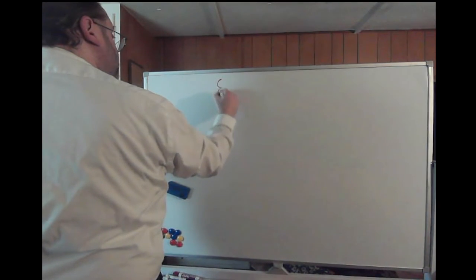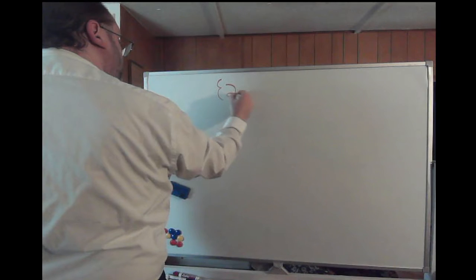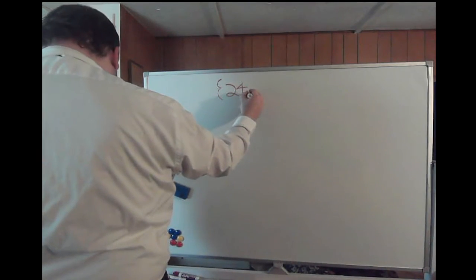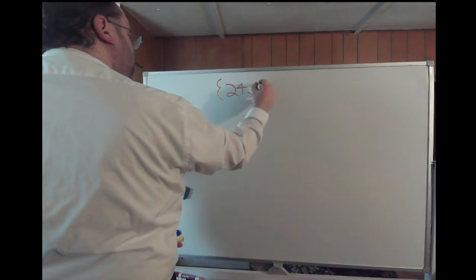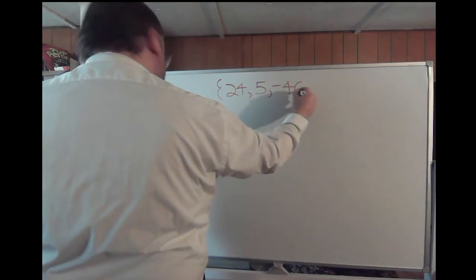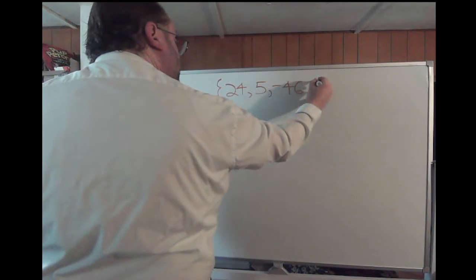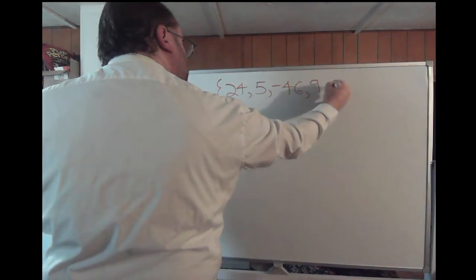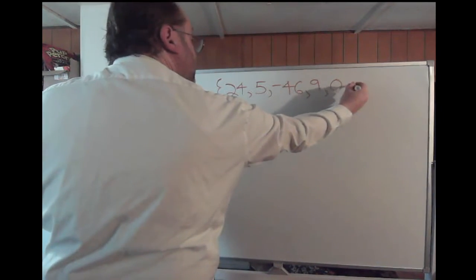Let's do a mixed set here. I like this one a lot. Let's see here. We have a set of 24, 5, negative 46, 9, 0, and negative 3.